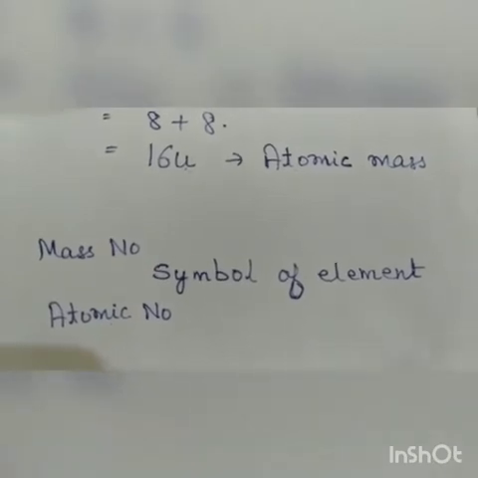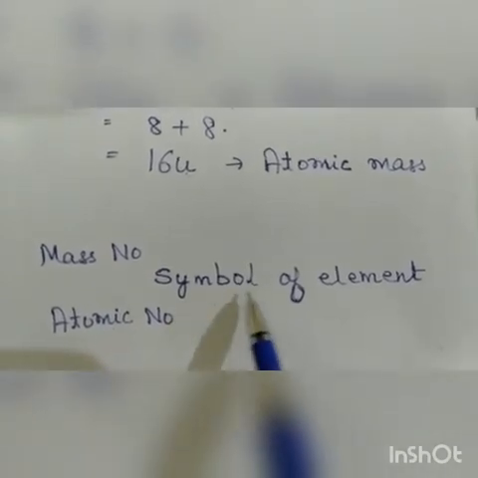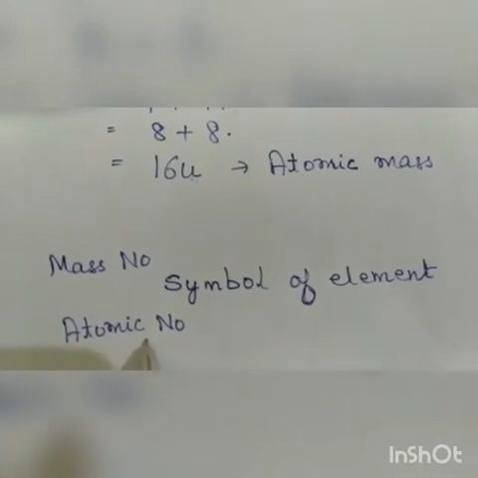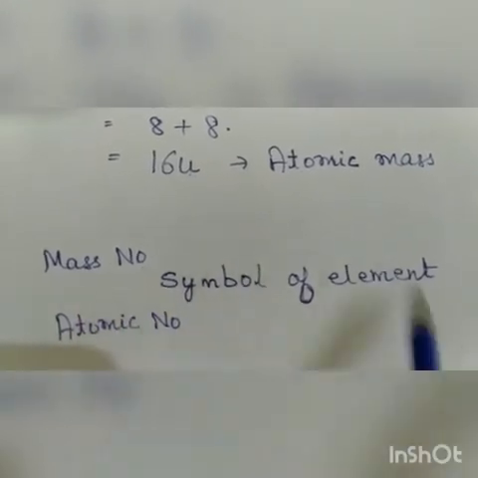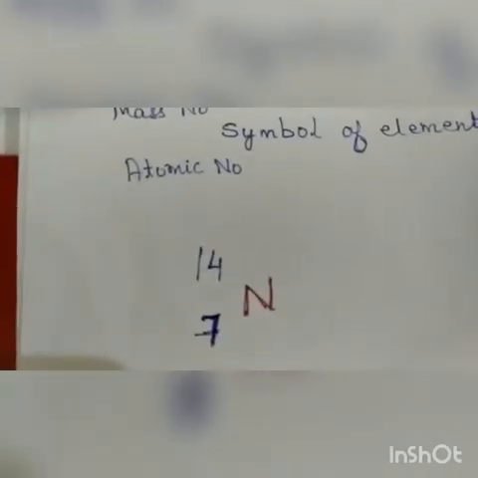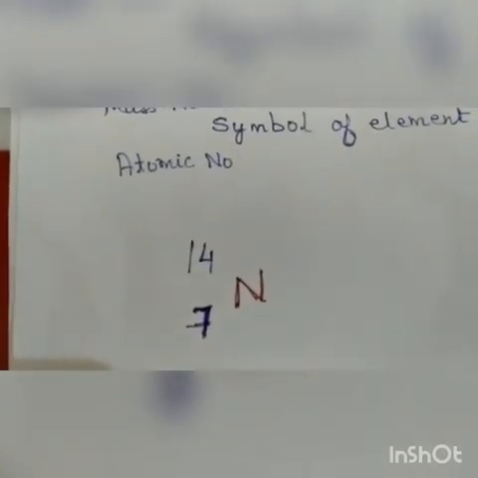Now please students see here. In the notation of an atom, we write the symbol of the element in the center. Below we write atomic number, and on top we write mass number. I will give you one example. Let us take the element nitrogen.